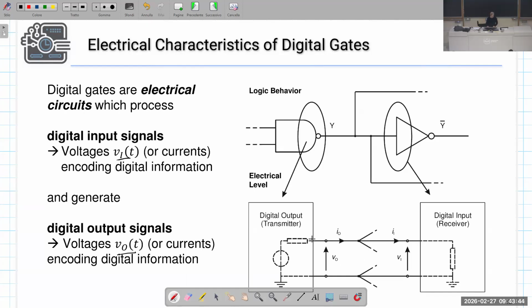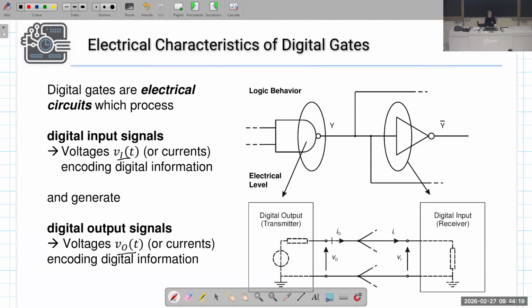Okay, so at the physical level, the exchange of information happens through electrical signals and in particular two voltages. The output is a voltage source that forces the voltage at an electrical node. The receiver is a load, an electrical load that is driven at a certain voltage by the output of another gate or by an external source.